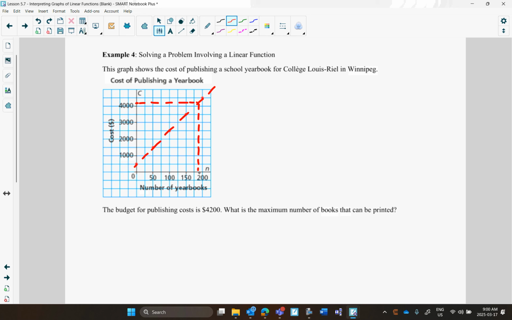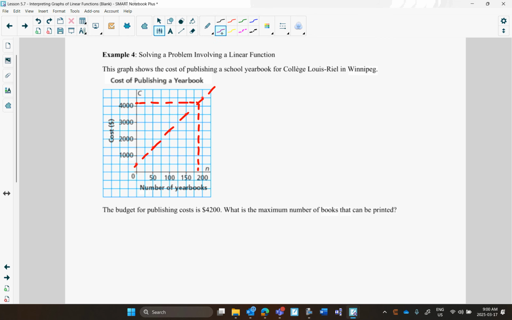So I don't know, 187 yearbooks or something, but I can't be sure. I can be in the area, but I want to be exact. So we can't use the graph to help us, which means we have to use algebra, which means we have to find the equation of this line, of this series of points.